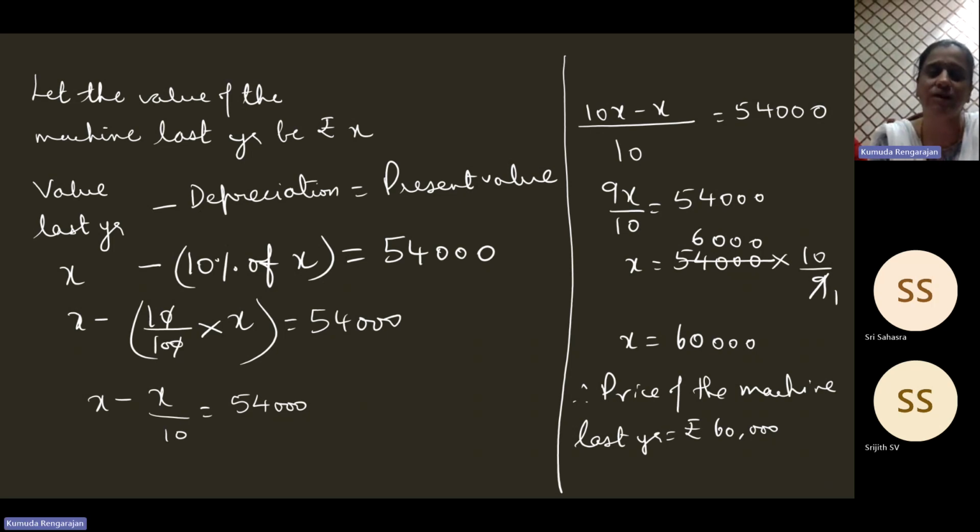So this is the equation: value last year minus the depreciation is the present value. So let last year's value be X, minus depreciation, 10% of X, is equal to the present value, which is 54,000. If you construct this equation, the rest is easy because you just have to solve and find the value of X.